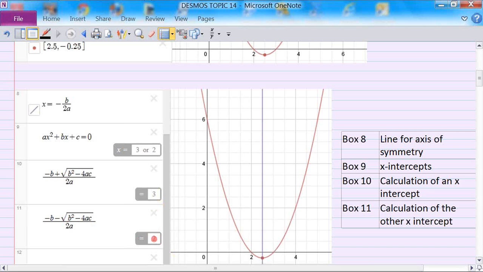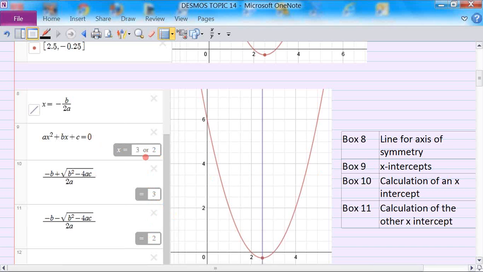So we get the 3 and the 2. 3 is this point right here on the x-axis, and the 2 is this one right here. So to go over this again, in box 8 we get the line for the axis of symmetry. Box 9, we get the two x-intercepts. Box 10, we can actually calculate an x-intercept, and we can calculate a y.